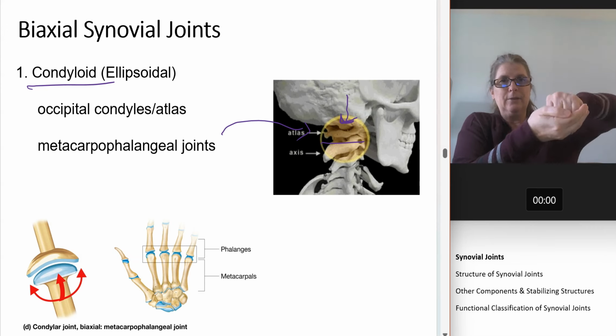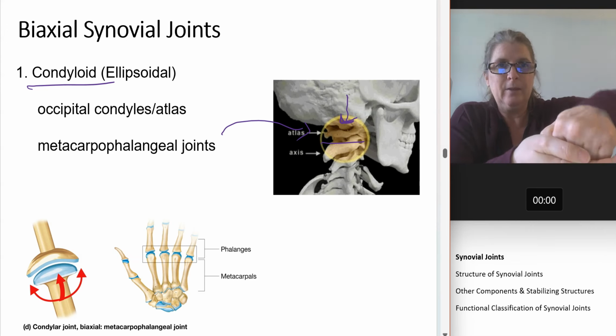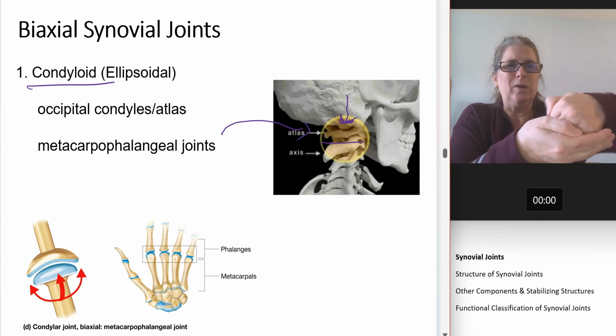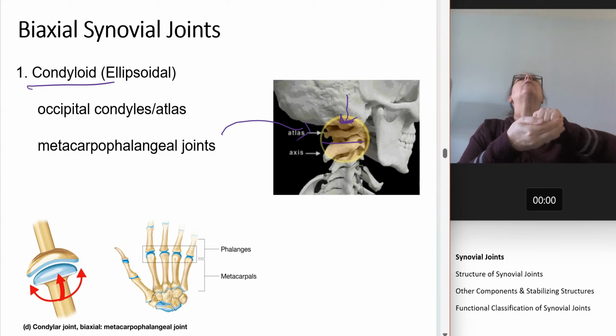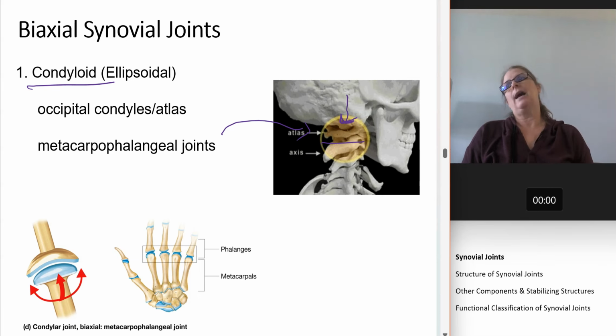So these condyles can rock this way or this way. What does that look like? When you shake your head yes, you're just rocking them this way. And then when you do lateral flexion, remember we talked about that, it's rocking it this way. So I have two axes of movement between my occipital condyles and C1, or you can see the atlas.